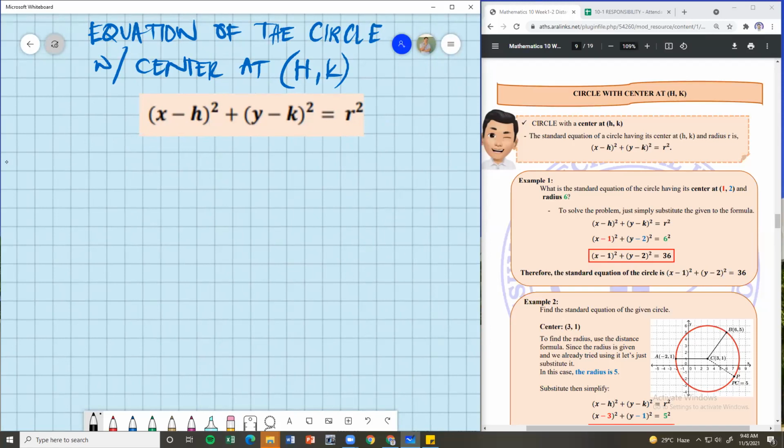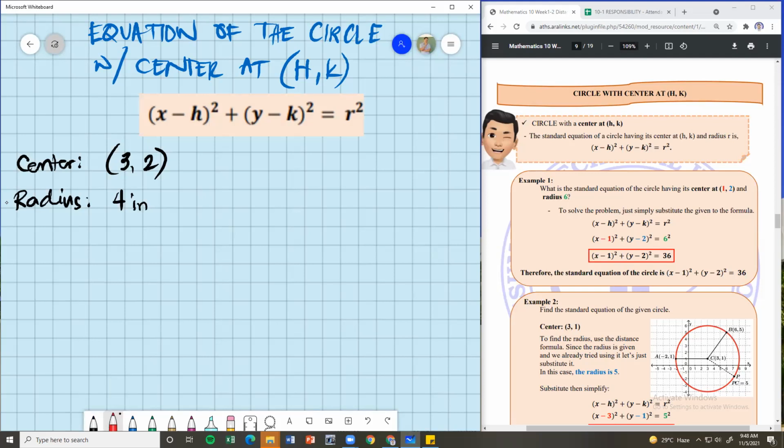Example. If the center is at (3, 2), and the radius is 4, for example, 4 units. Okay, inches na lang, para cute. So in this case, all we have to do is to substitute the value of the center and the radius in our formula.